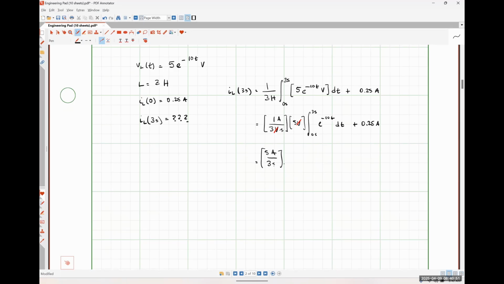So how do I take the integral of e to the negative 10t with respect to time? I take my original function, and then I'm going to divide by a factor of negative 10, okay? So I'm going to have 1 over negative 10.